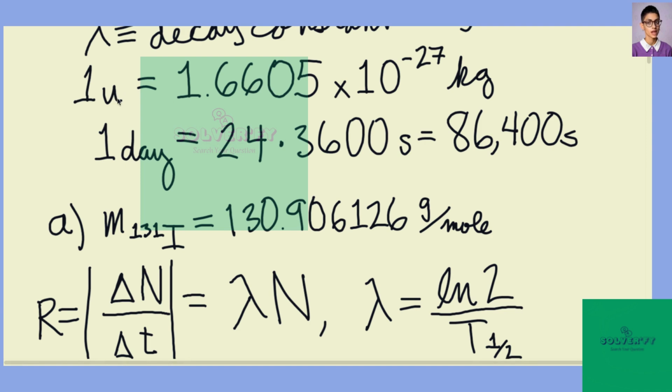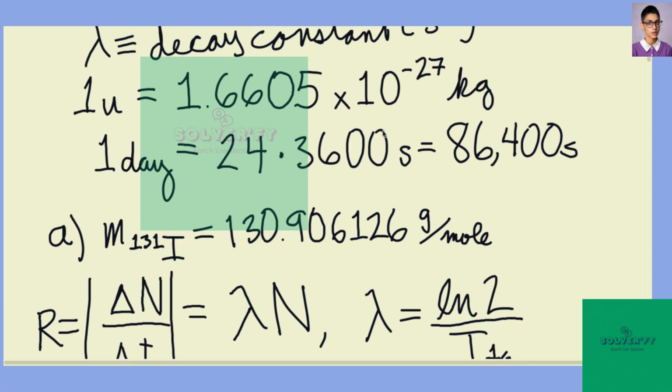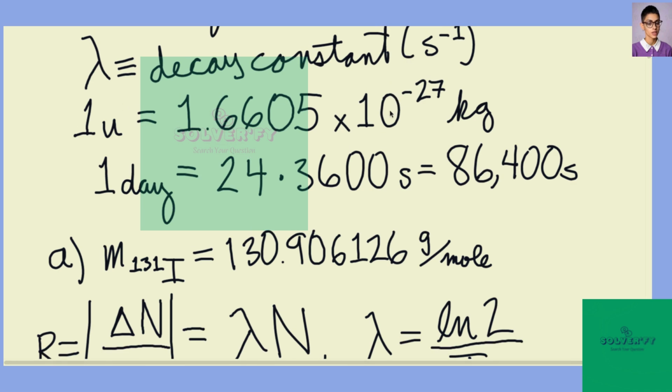For that, we're going to use this conversion factor of 1 atomic mass equals 1.6605 times 10 to the negative 27th kilograms. And also, in order to find our decay constant, it will be helpful to have a conversion from days into seconds. Specifically, 1 day equals 86,400 seconds.